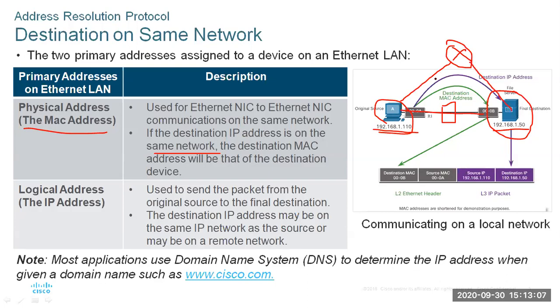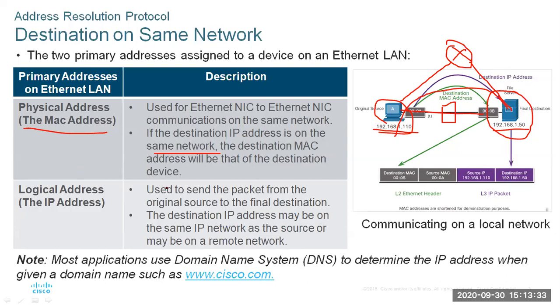So there is no need for routing. It's just going to come directly from here to here. The one that is going to help it know how to get to this destination is the MAC address table on the switch. Now that's where it becomes interesting. We're going to look at that.